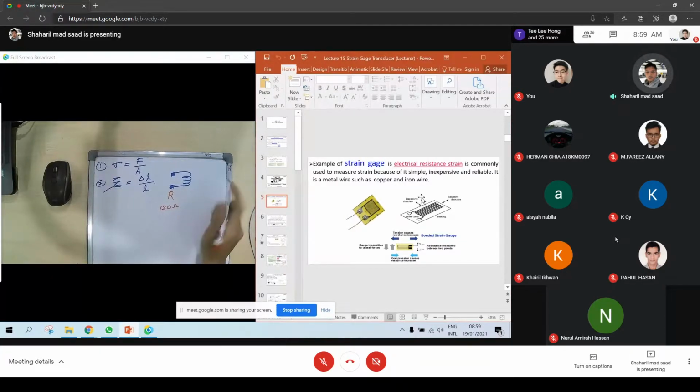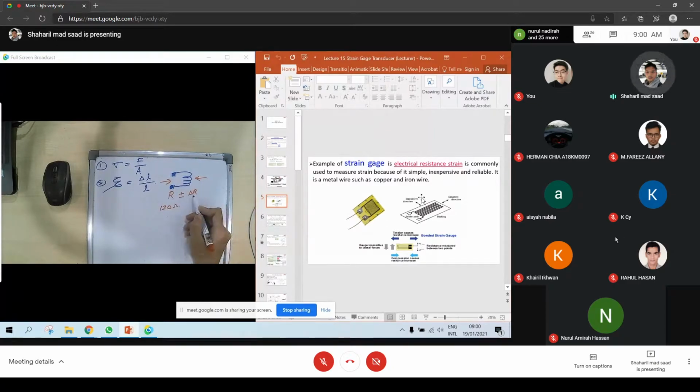Then when you apply some stress, meaning you apply some force there, it will have some delta R. The resistance may increase or decrease depending on the direction of the stress you apply. If you stretch it, maybe it will plus; if you compress it, maybe it will be minus.